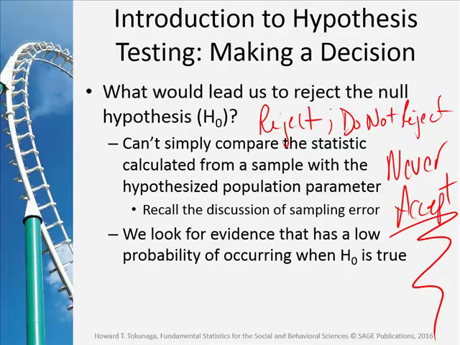Because you only have one sample. What if you get a bad sample? You don't want to accept the possibility that there is no relationship because you're just using a sample. You either reject it or we don't reject it at this time. You're never going to accept the fact that no relationship exists.